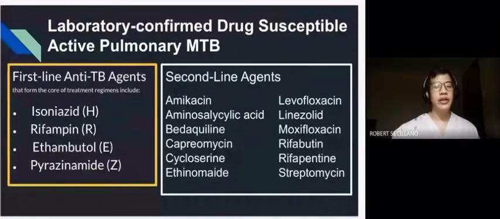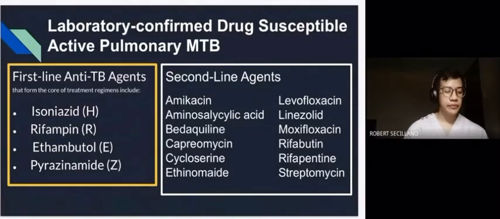While on your right are our second line agents, reserved if the first line anti-TB agents are ineffective or if the patient develops any adverse drug reaction. Our second line agents are amikacin, aminosalicylic acid, bedaquiline, capreomycin, cycloserine, ethionamide, levofloxacin, linezolid, moxifloxacin, rifabutin, rifapentine, and streptomycin.